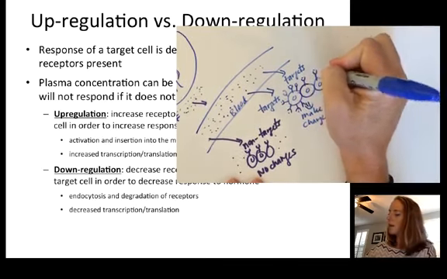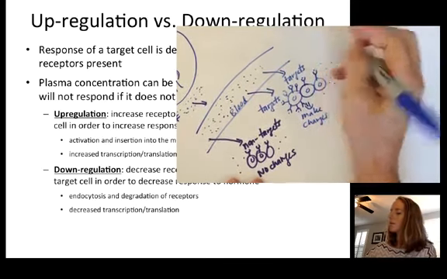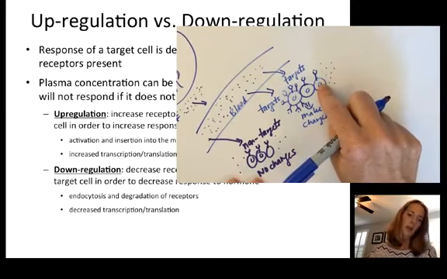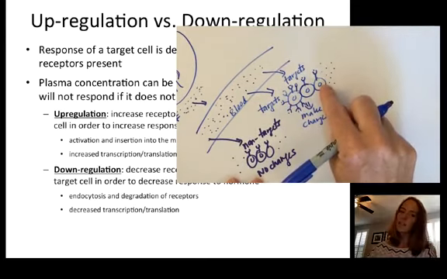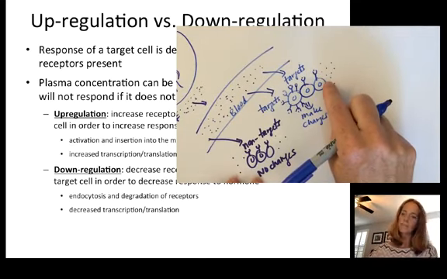Once that receptor is bound, the other hormones are not going to have anything to bind to affect this particular target cell. So upregulation, many receptors, big response. Downregulation, fewer receptors, decreased response.